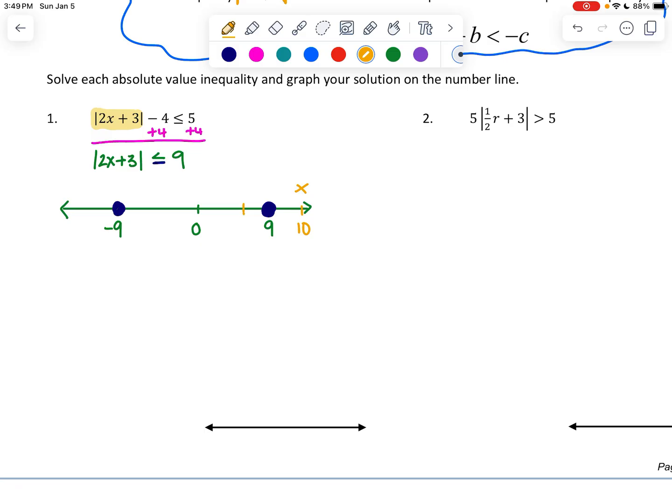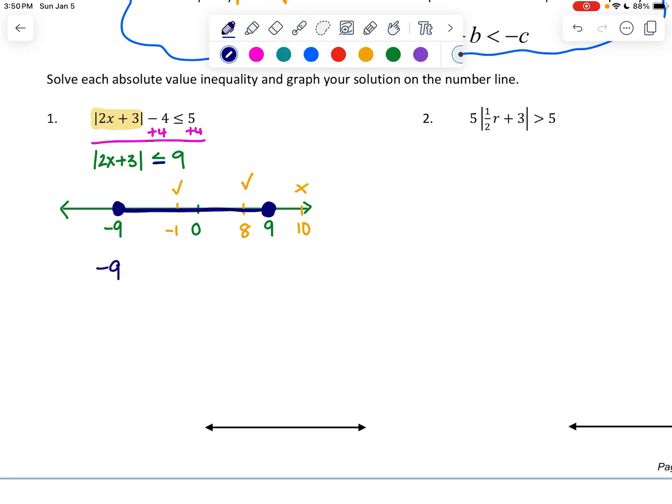But if I look here at 8, is 8 less than 9 spaces away? It is. What about negative 1? Is negative 1 less than 9 spaces away? Yeah, it's 1 space away. So that means 2x plus 3 has to live in between these two values, right?